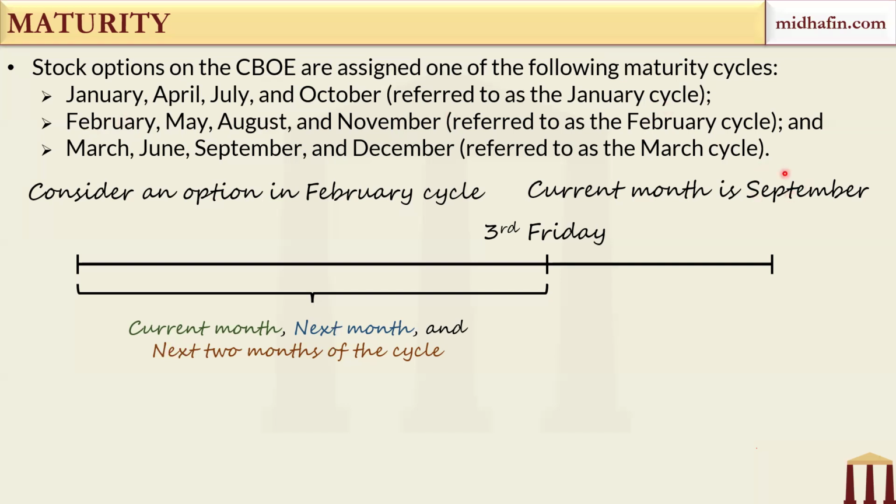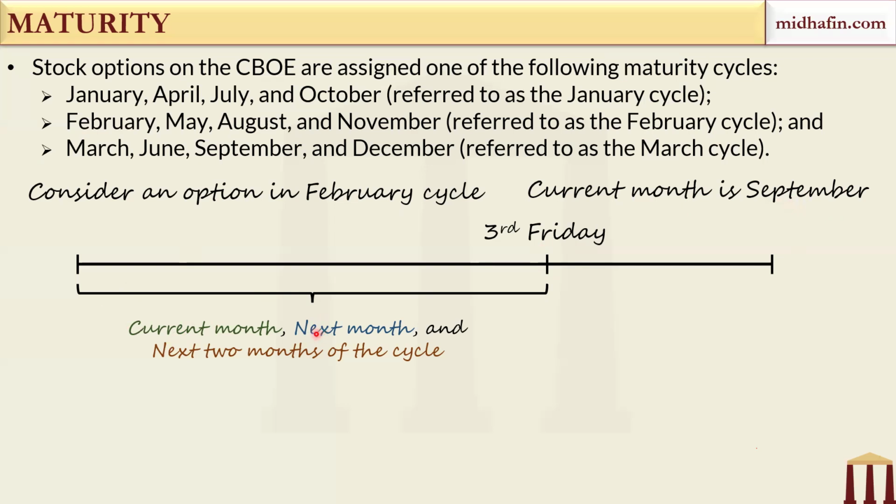Current month is September. So we'll take multiple examples to make everything crystal clear. I'm repeating my point again because, as I said initially, this is a bit tricky, so we'll take some time to understand it. Before the third Friday of any particular month, the options will trade for the current month, which is September in this case.